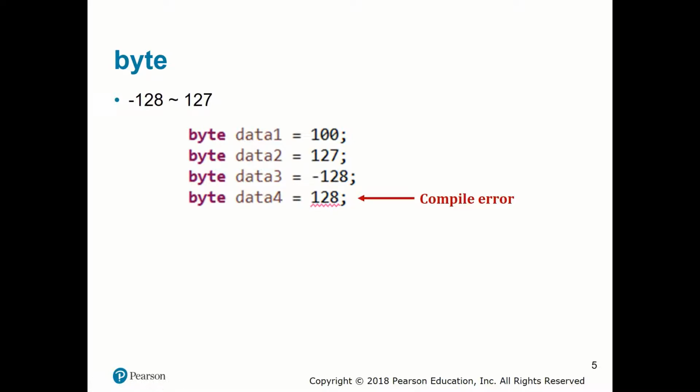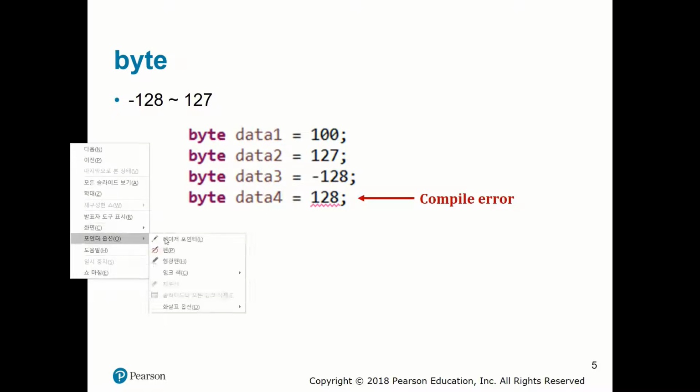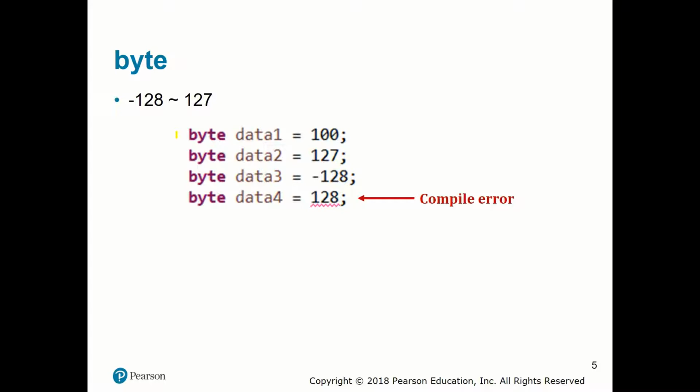Let's talk about a byte data type. The byte data type can store integers from -128 to 127. So storing an integer outside this range will result in a compile error. Here, this is the byte data declaration. So byte, and this is the variable name, and this is the value for initialization. 100, 127, and -128.